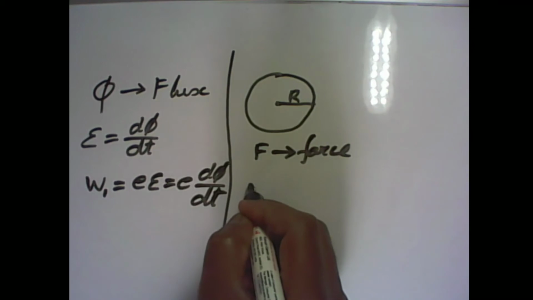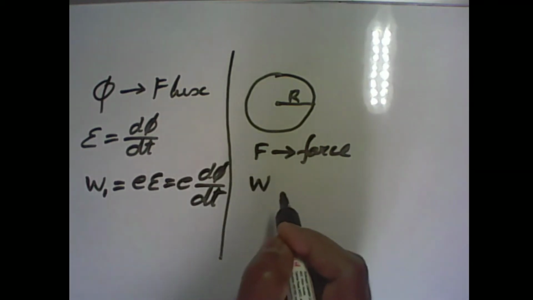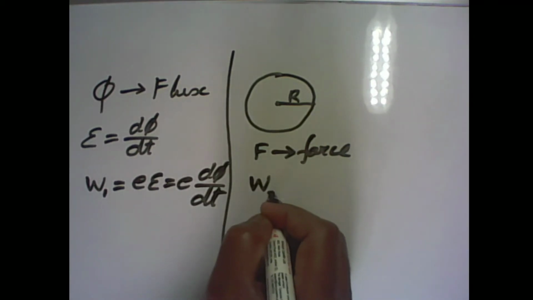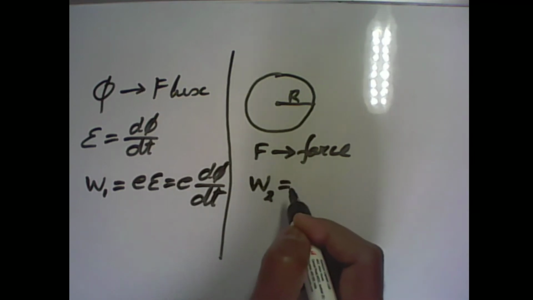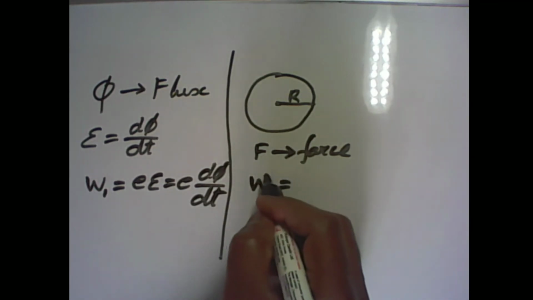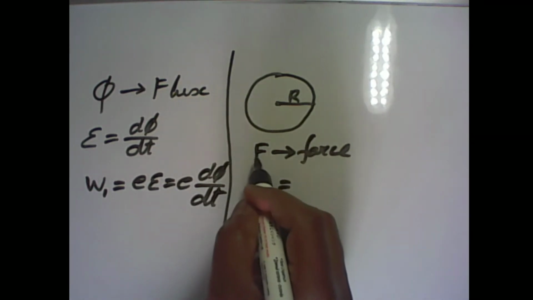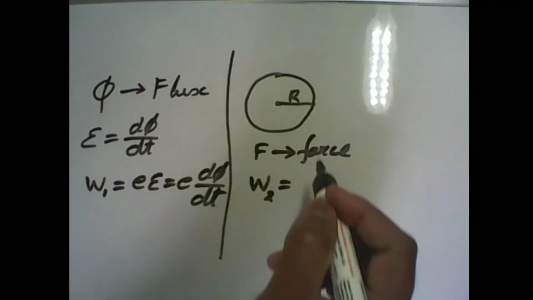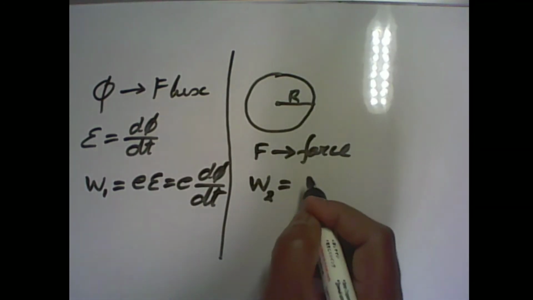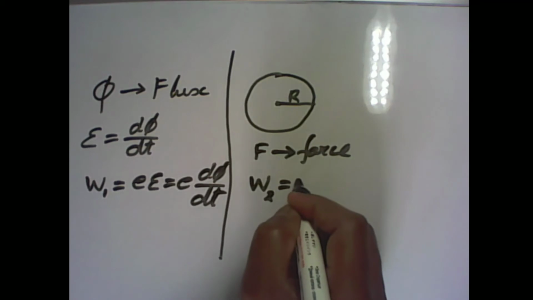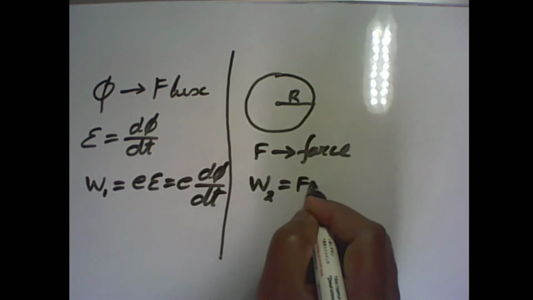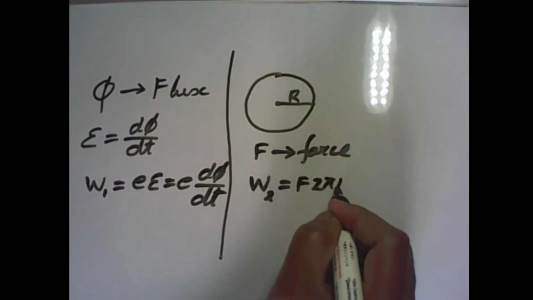So the work done from this case, we can write it as W2, work done by this force. We don't know what this force is till now. The work done by this force in taking round the electrons through the circular orbit of radius r is equal to force into the path length, that is 2πr.